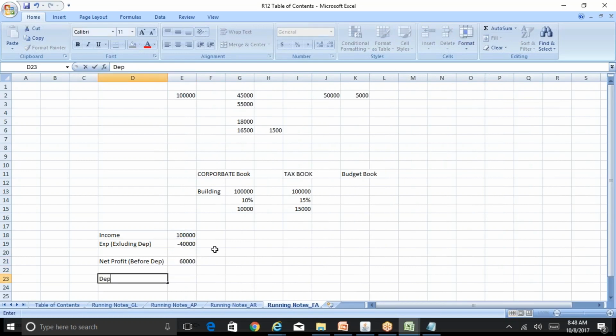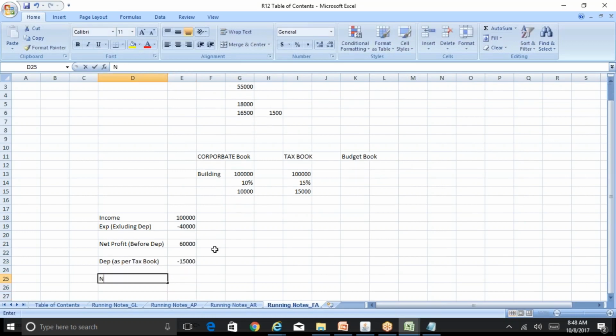Okay, depreciation as per tax book, or they just say depreciation, but internally they are considering depreciation as per tax book, which is 15,000. Okay, and your net profit after depreciation is 45,000. You arrive at the tax amount on 45,000, which is 45,000 into say 30%, and you pay tax to the government on 13,500.